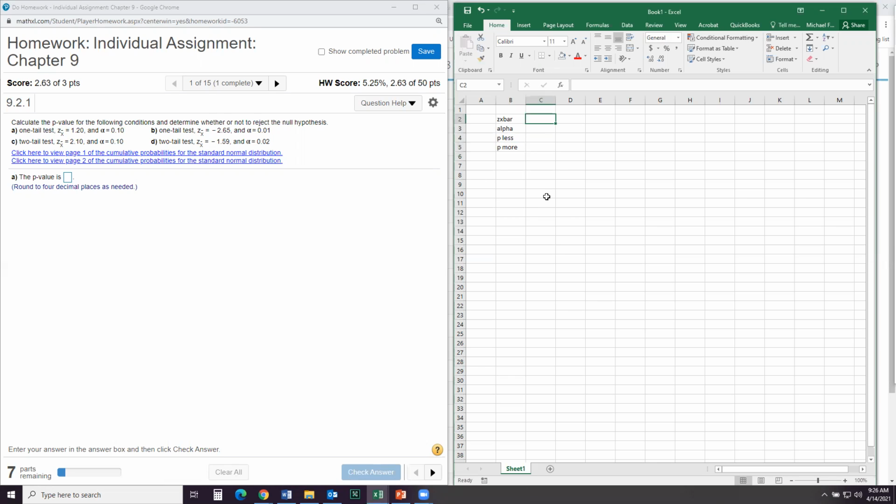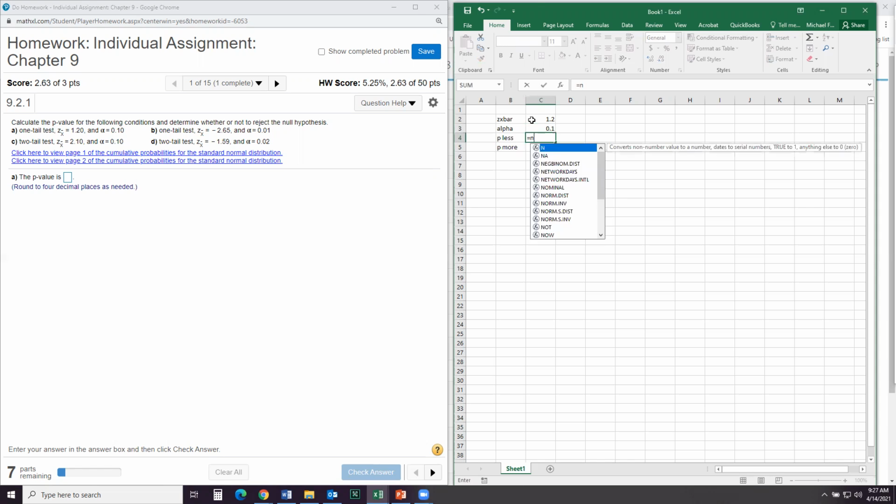So anyway, my z of x bar on letter A here is 1.20. My alpha is 0.1. To find the probability of it being less than 1.2, I'm just going to use NORM.S.DIST. The S stands for standardized, meaning it's in z's for its units.